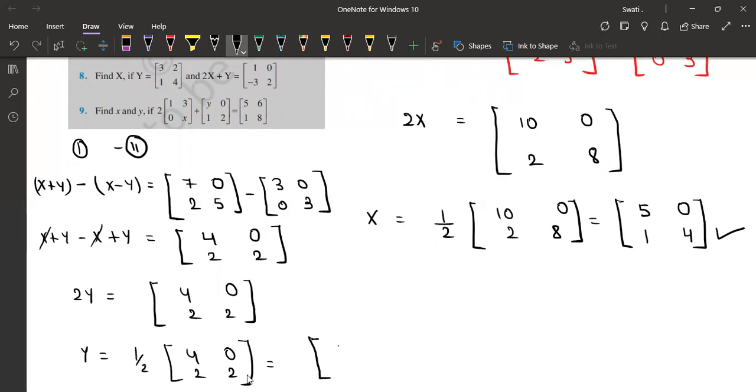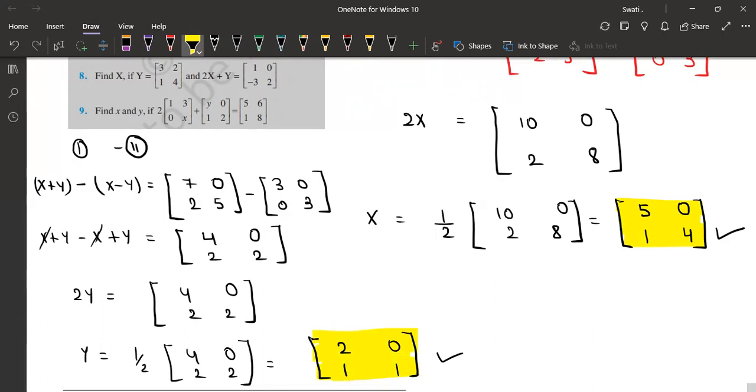So half into 4 is 2, half into 0 is 0, half into 2 is 1, and half into 2 is again 1. So this is the value of y. We wanted to find the values of x and y. This is x and this is y, and we are done with the 7th question.